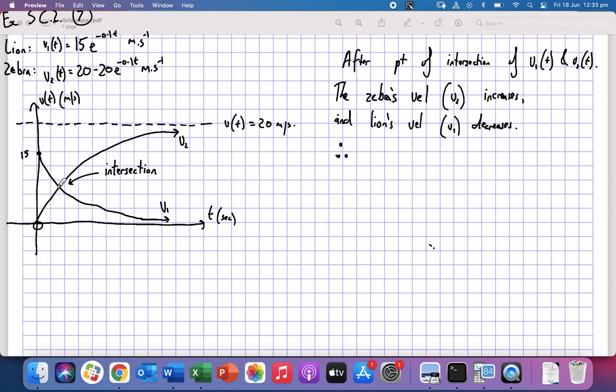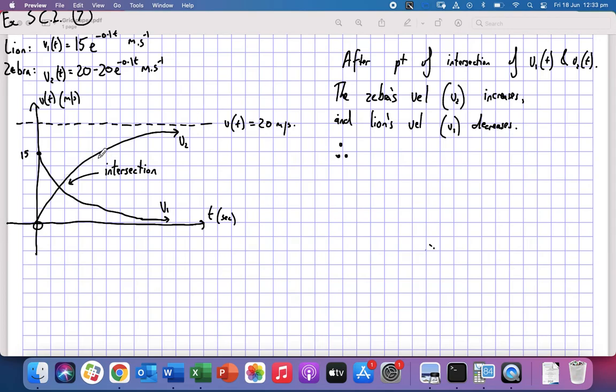You could say before they reach the intersection, if we looked from the other side, the zebra's speed's increasing, but he started at 0. The lion's speed's decreasing. I think this is the way to go, actually.